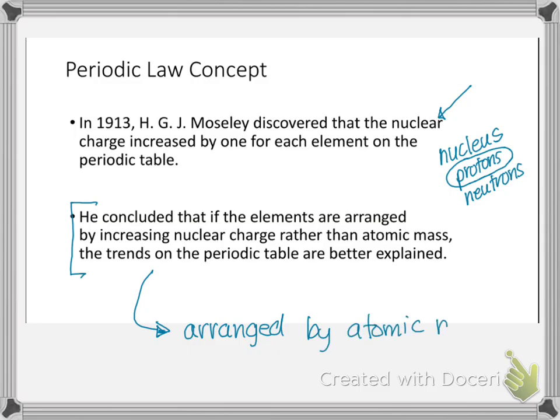And remember, the atomic number equals the number of protons, which would then correspond with the nuclear charge of that atom. And so this idea by Moseley is how the modern periodic table is arranged, not by increase in atomic mass, but by increase in the atomic number or the number of protons.